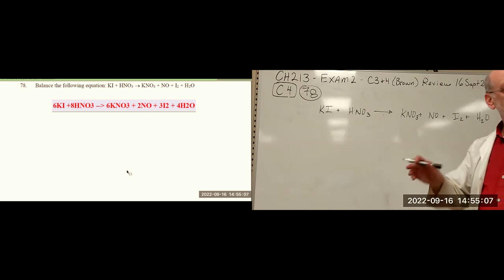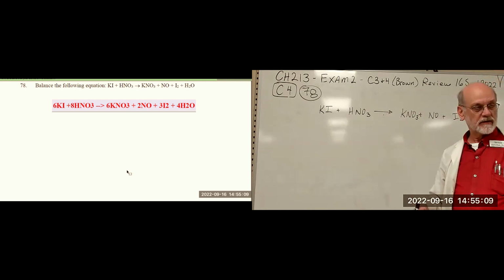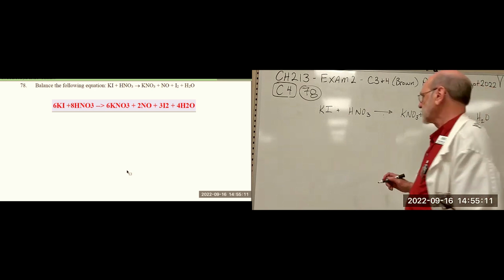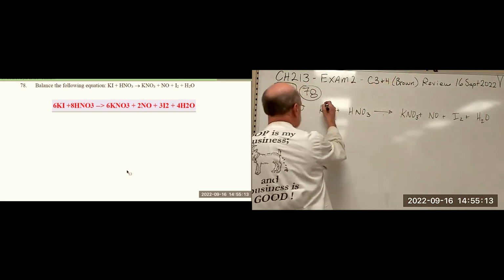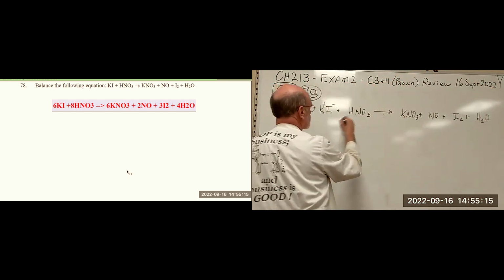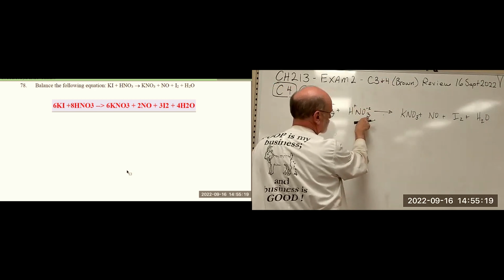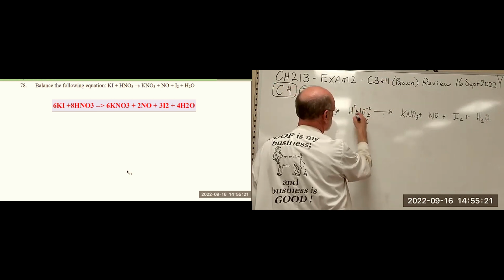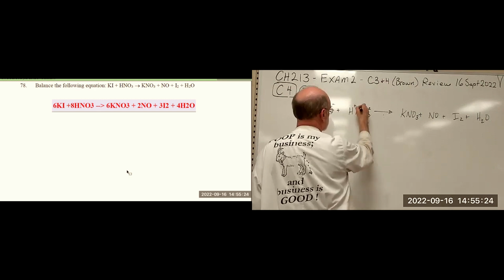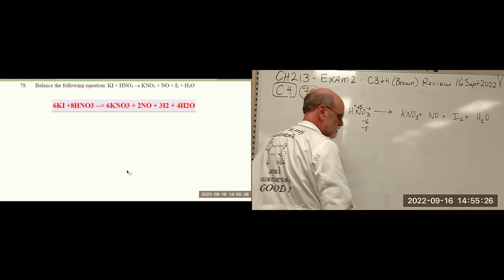But believe me, it's much simpler if you do the redox first and then finish it off from there with the standard procedure. Okay, so this one is a +1, this one's a -1, that's a plus, this is a -2. So that's -6 plus 1 is -5, so this is +5. That nitrogen is +5.